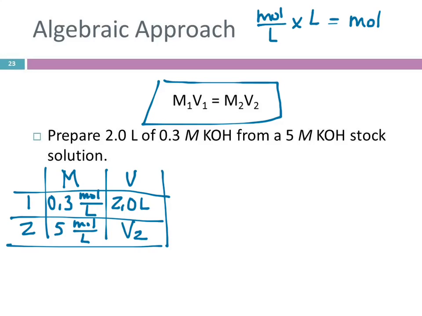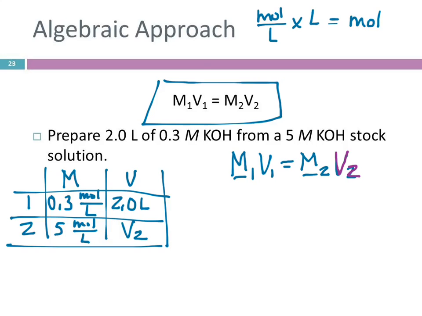Now I have all of my information organized, and I'm going to use this equation. M1 V1 equals M2 V2. And what are we solving for? We're looking for V2.